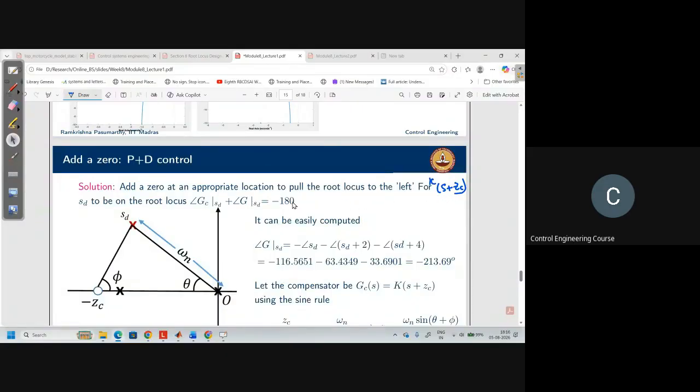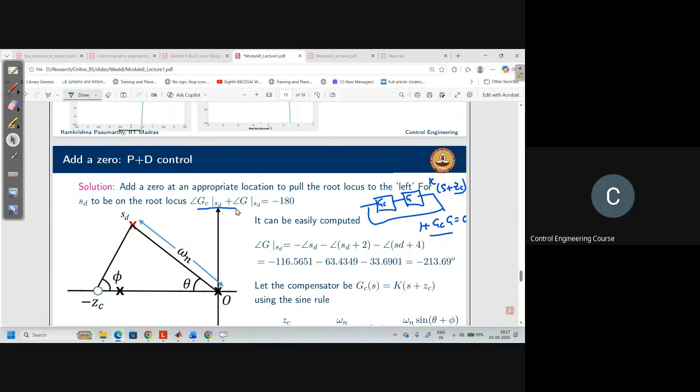So that means now you will have two systems. One is the controller GC and another one is G, the plant. Now the overall closed loop system is 1 plus GC into G equal to 0. This is our overall characteristic equation. So in this case, the angle criterion should be satisfied.